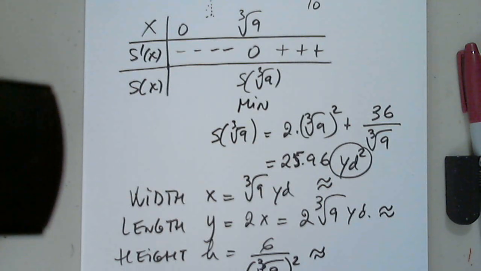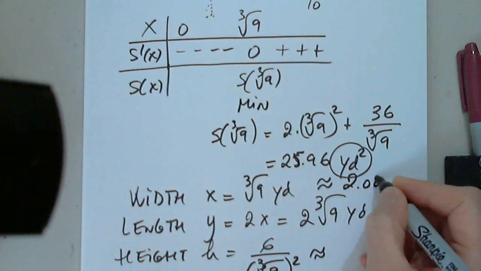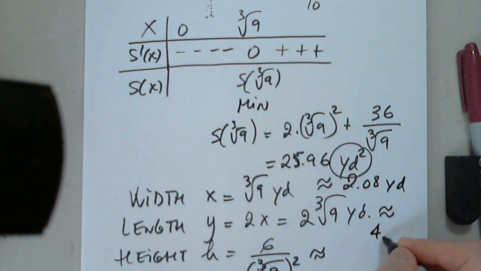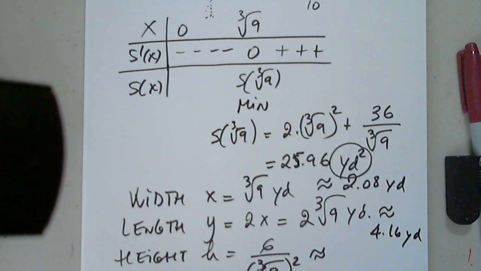So 9 to power 1/3. Then this one times 2. So I'm going to copy, the first one is 2.08 yards, 4.16 yards, and now I have to find the height, which is 6 divided by the cube root of 9, 9 to 1/3.